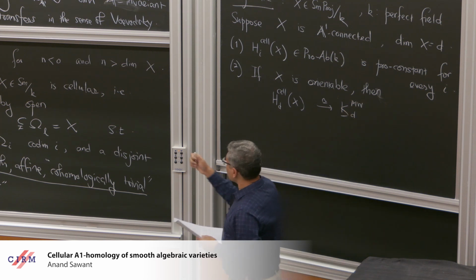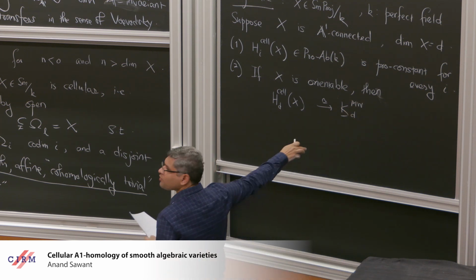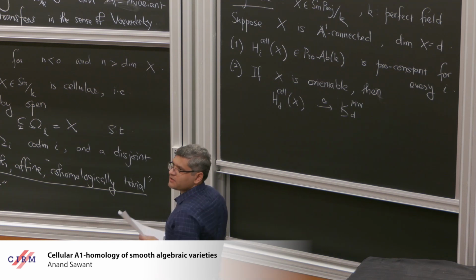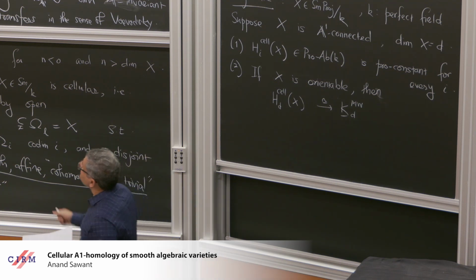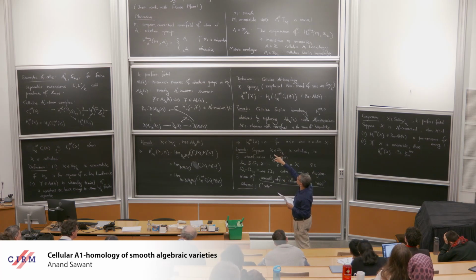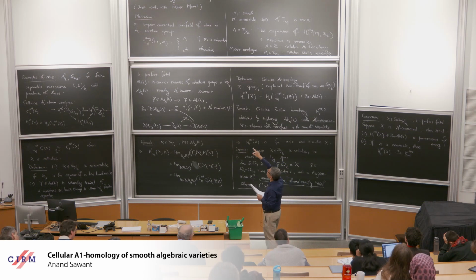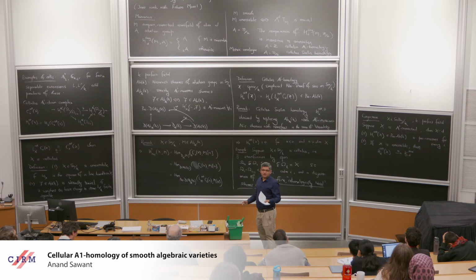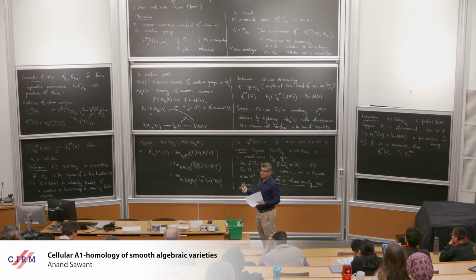So let me say a word, I will not write this on the blackboard, about why this is the replacement for Z. If you look at the interpretation in terms of Atiyah duality, then the reason why with integer coefficients the singular homology of a compact connected orientable manifold in top degree is Z, is because the nth homology group of the n-dimensional sphere is Z. And the analog of the sphere is P1 smash n of dimension n, because this is the Thom space of the trivial bundle.